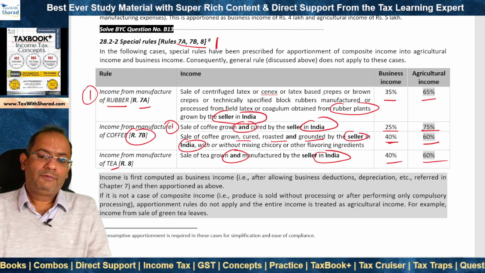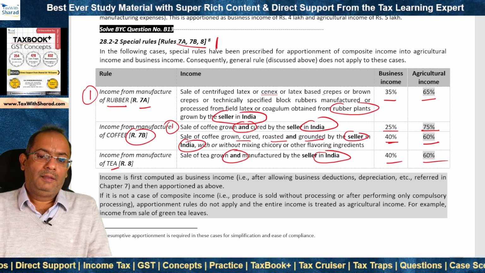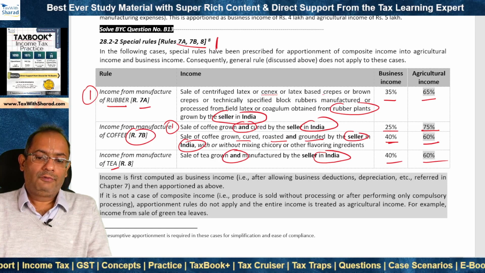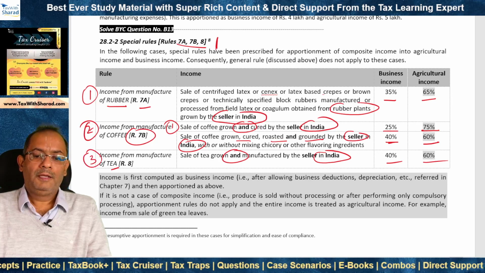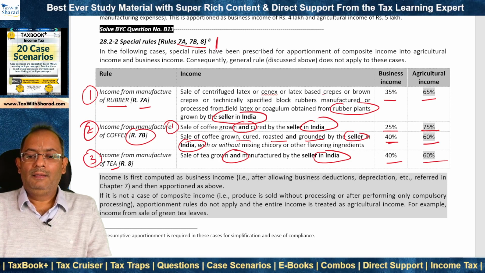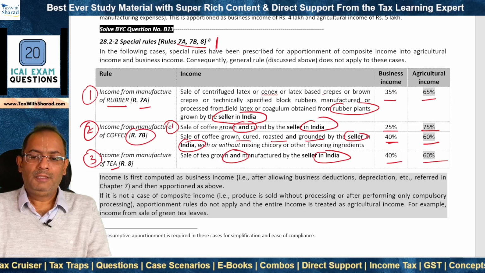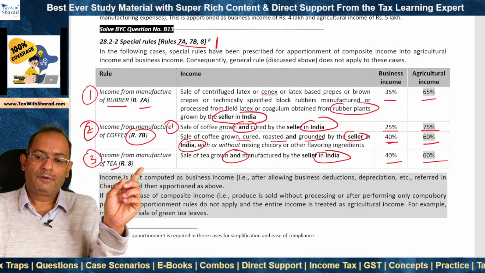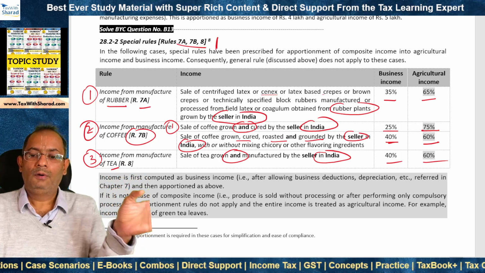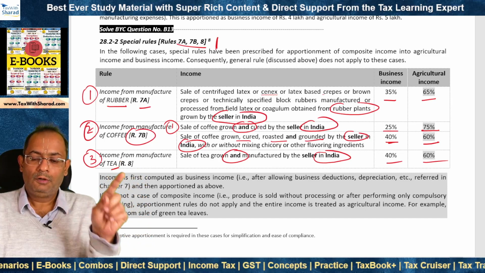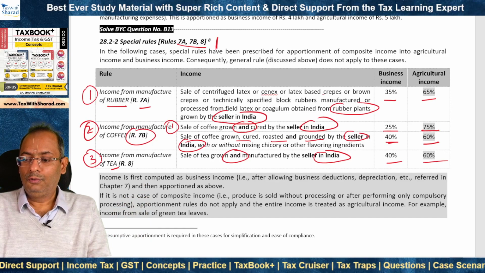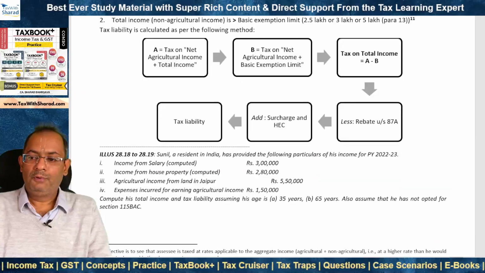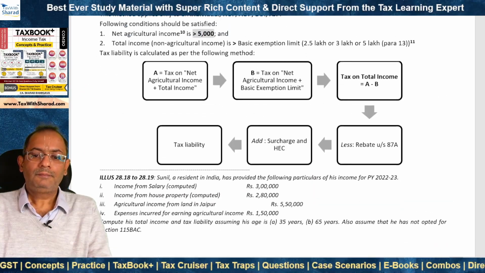So if the income is from manufacture of rubber or manufacture of coffee or manufacture of tea, special rules apply, and therefore we need to follow these percentages for apportionment. We need not resort to the general rule. However, in all other cases where these special rules are not applicable, we need to follow the general rule under rule 7 and make the apportionment of the composite income.